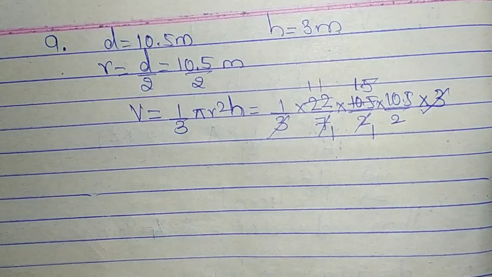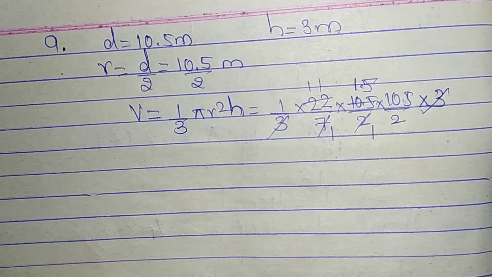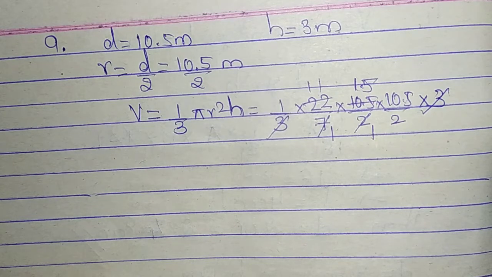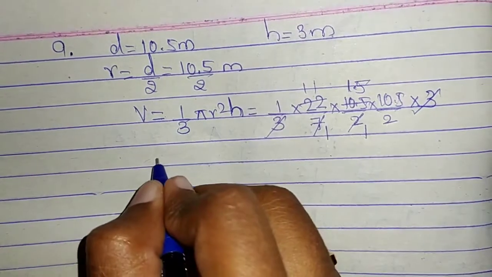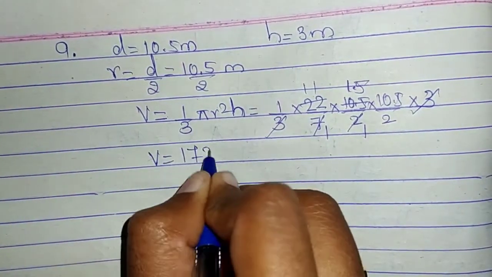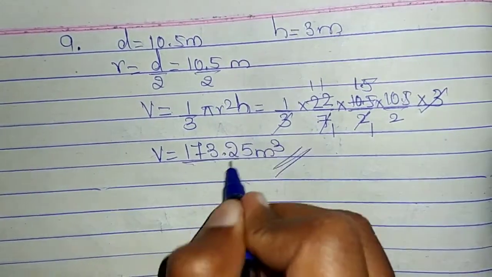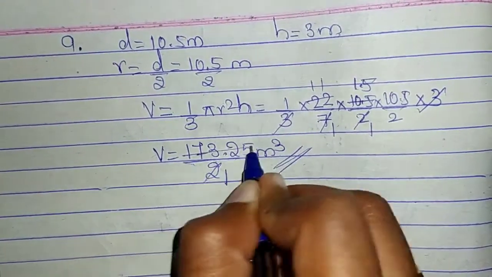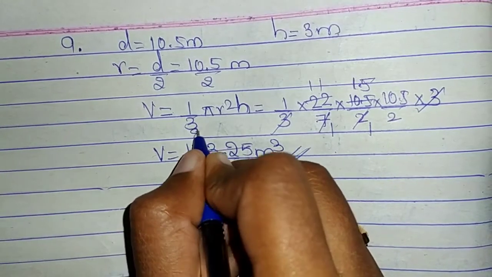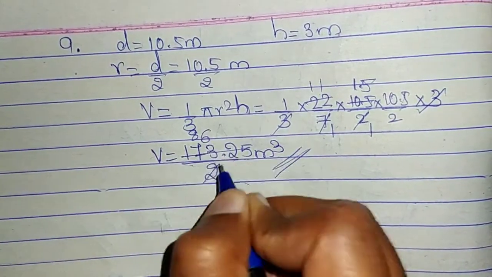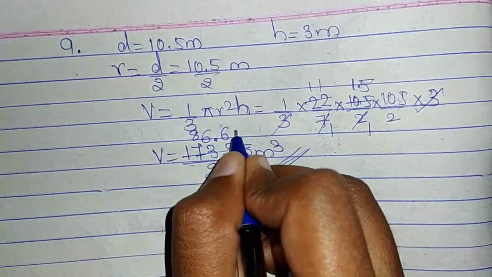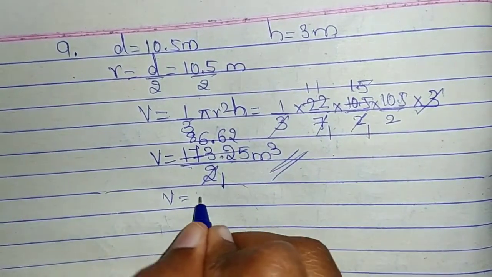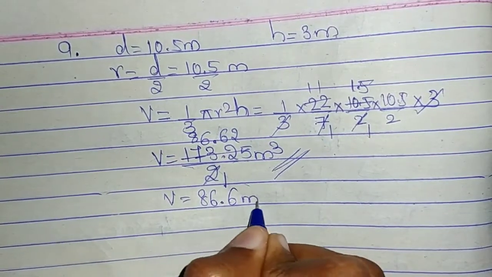So now on multiplying we get 11 into 1.5 into 10.5, so volume is equal to 173.25 by 2. So volume is nothing but 86.6 meter cube.